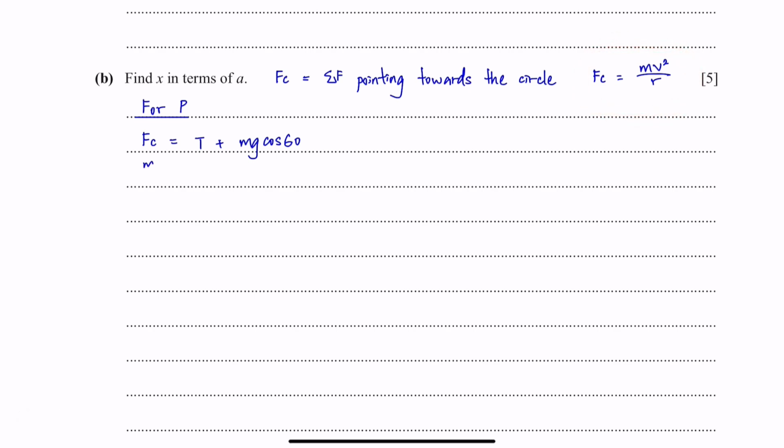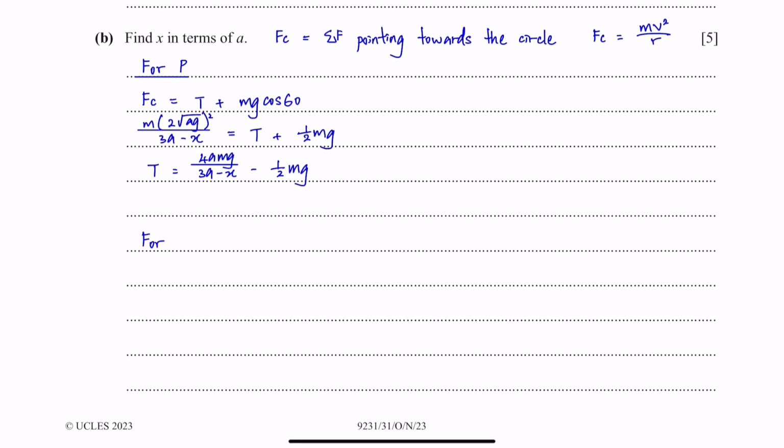So m times the speed, which is 2 root ag, squared, over 3a minus x equals T plus half mg. So T would be 4a mg over 3a minus x minus half mg for P.